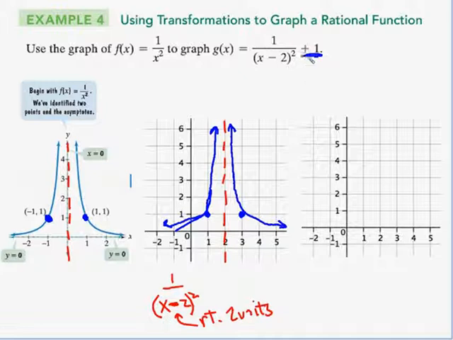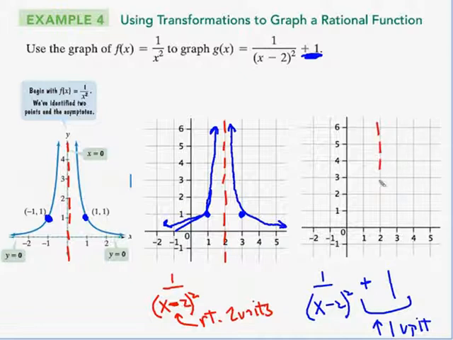Okay, now we got this little plus 1 tacked on the end. That's going to take the graph we just made and move it up or down. Since it's plus, this is a shift up 1 unit. So our vertical asymptote is still at 2, but the shift up moved our horizontal asymptote.